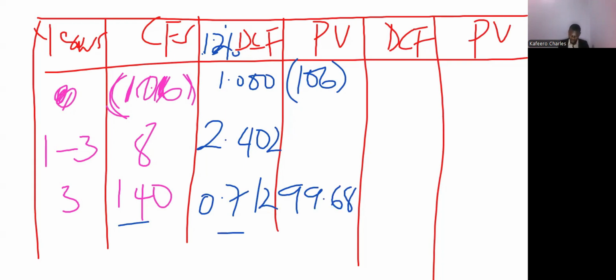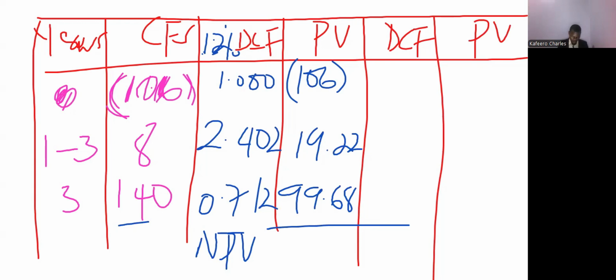This will give you the first NPV. Then this is 8 times the 2.402, that is giving us 19.2. So we add the 99.68. So it is giving us a positive 12.9. This is a positive.